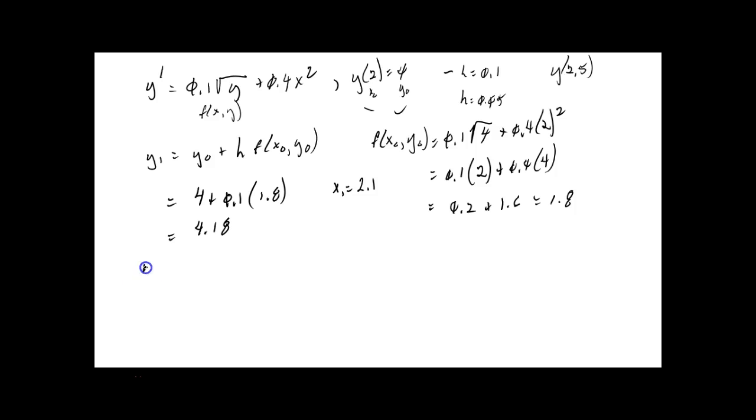So now our y2 is going to be y1. Let me write down the formula here. y sub n plus 1 is equal to y sub n plus h times f of x sub n, y sub n.